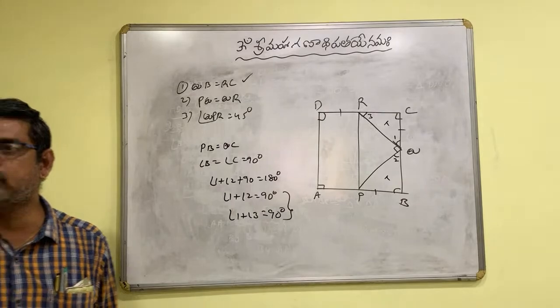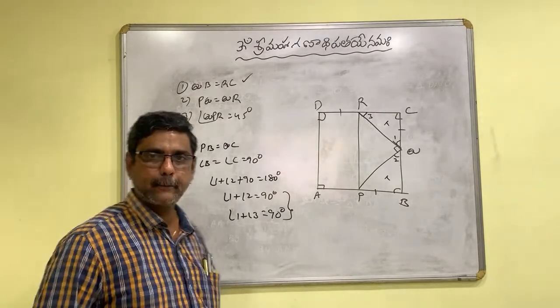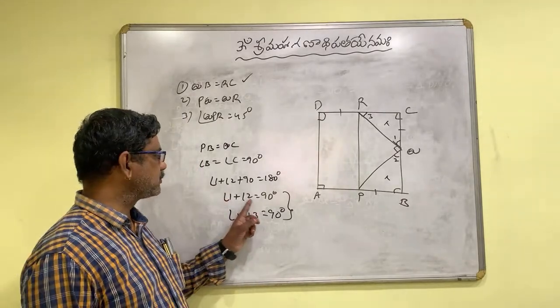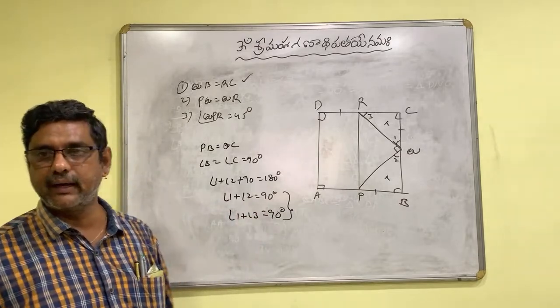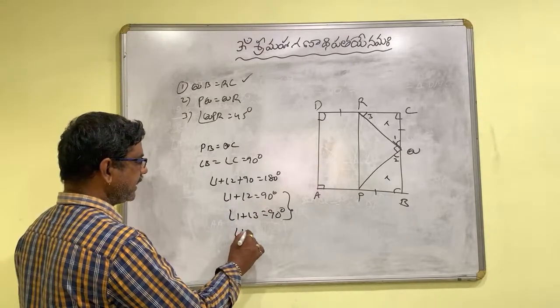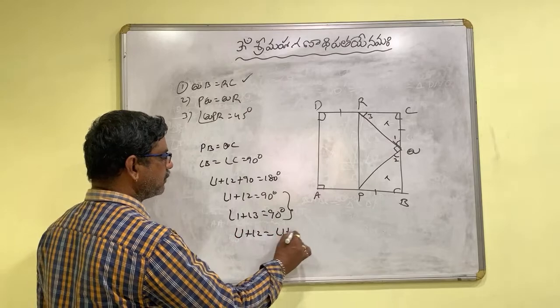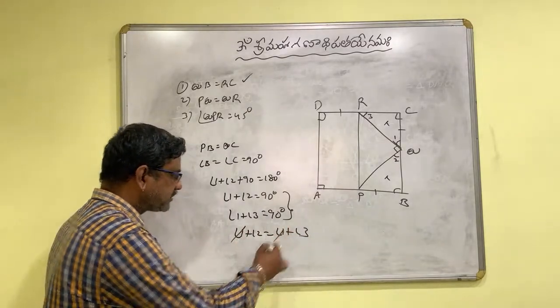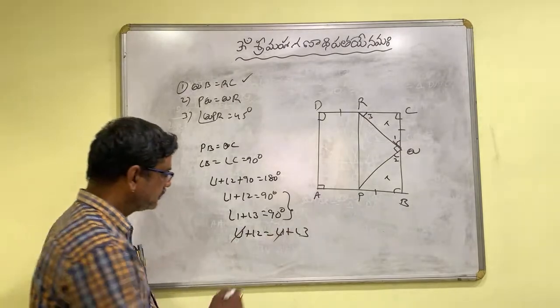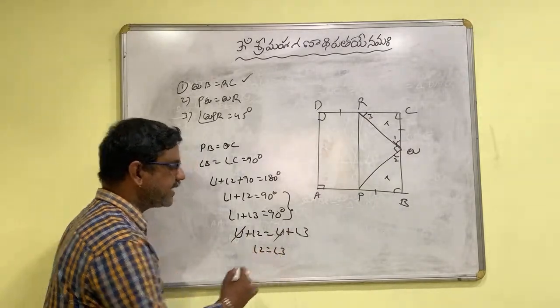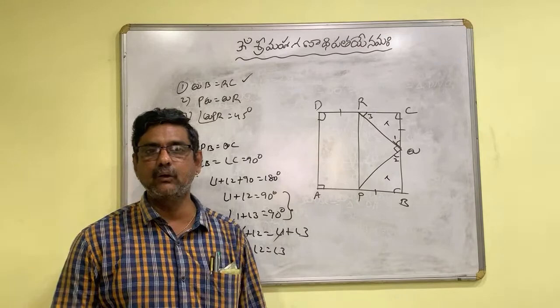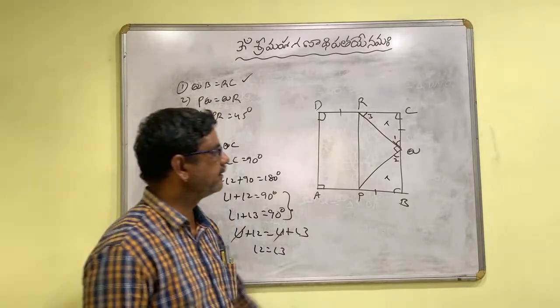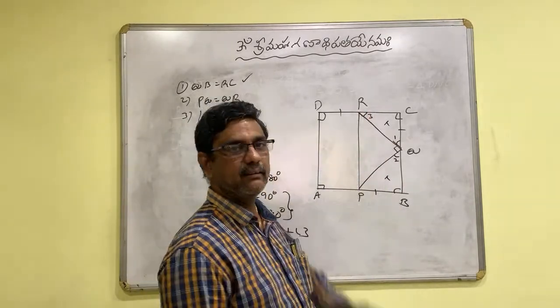Things which are equal to the same thing are equal to one another, right? So angle 1 plus angle 2 is equal to angle 1 plus angle 3. Angle 1 is there on both sides, we can cancel it. So angle 2 is equal to angle 3.